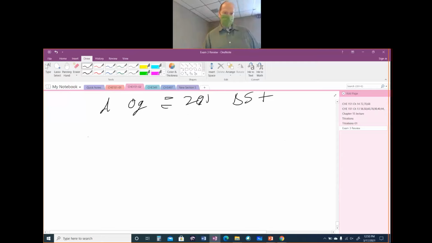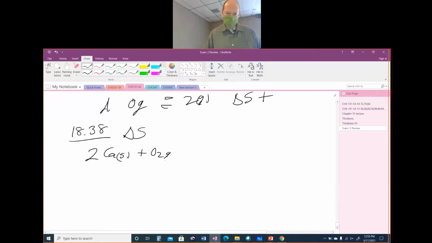All right, 38. So now it says calculate delta S. So now we're not just going to tell you if it's plus or minus. We're actually going to give the number for delta S. The first one is 2 calcium solid plus O2 gas yields 2 CaO.